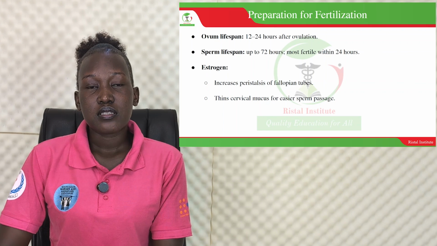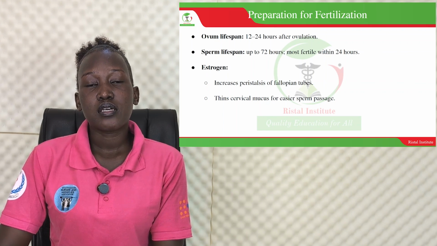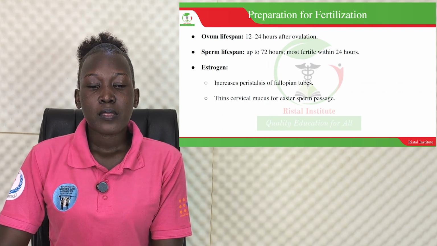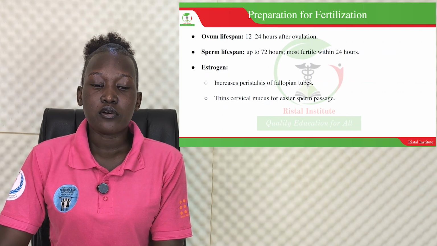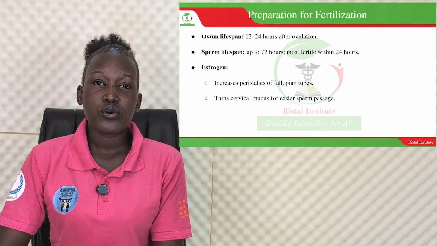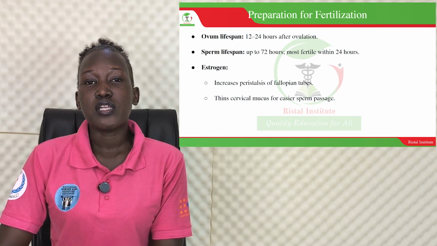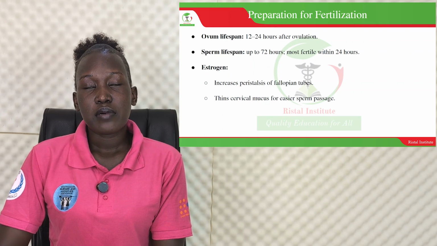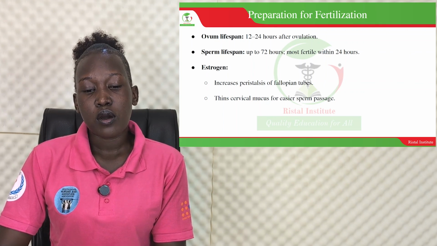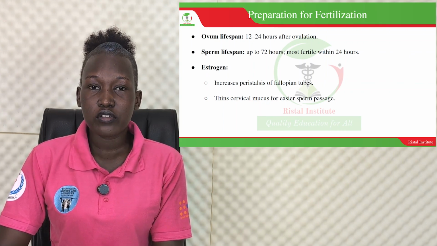This egg, which is released each month, has a lifespan of about 12 to 24 hours before it begins to degenerate. So the ovum has a lifespan of 12 to 24 hours after ovulation.